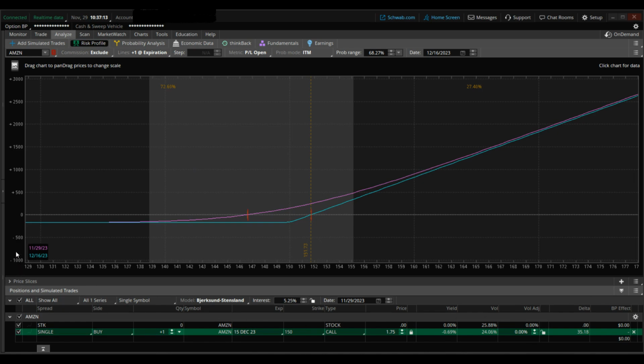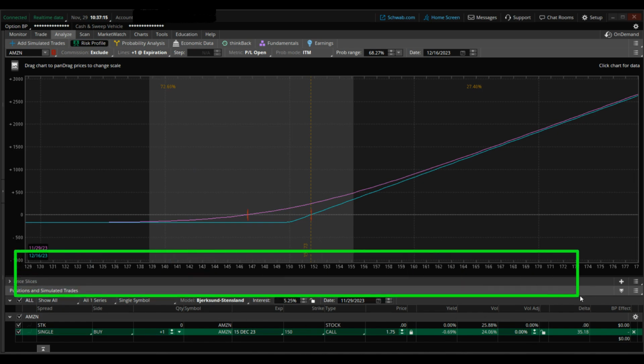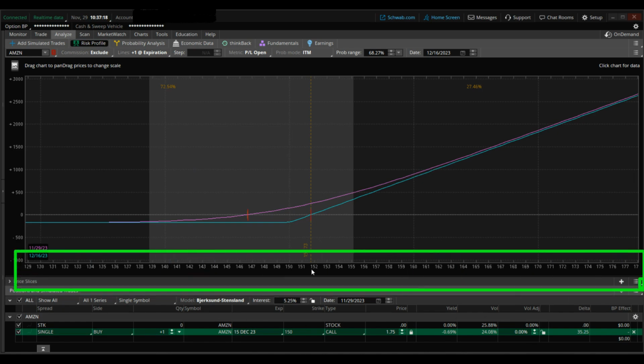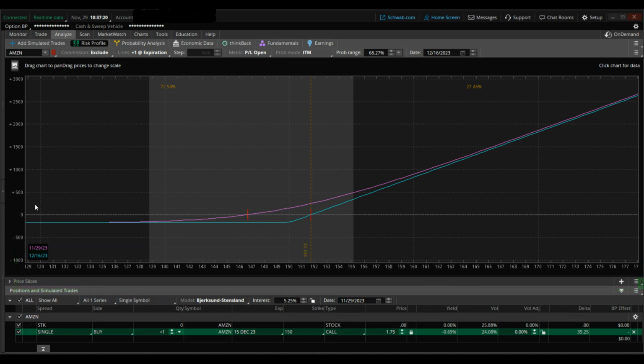On the horizontal line, the x-axis, this is the stock price. Okay? And on the vertical side, this is all wins and losses.